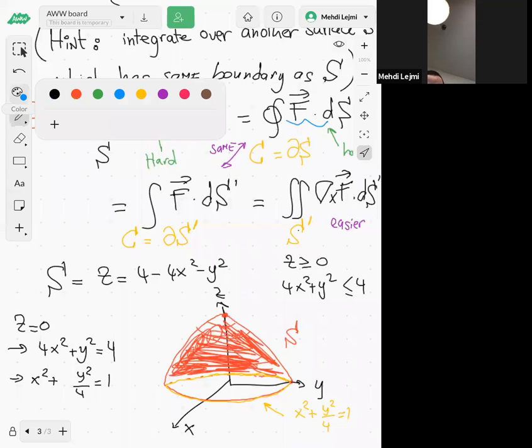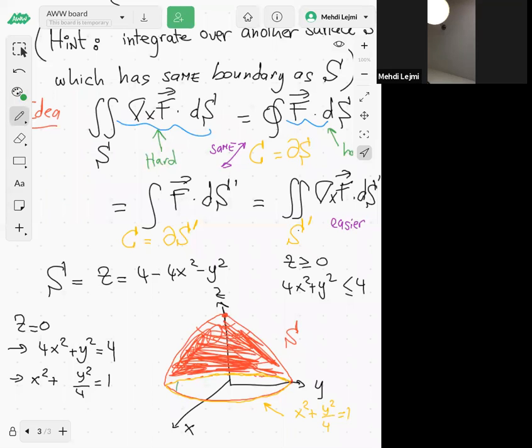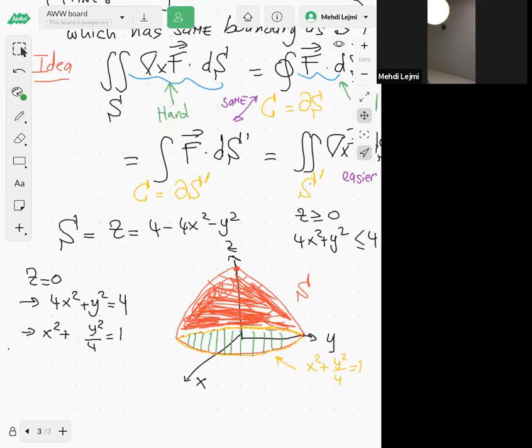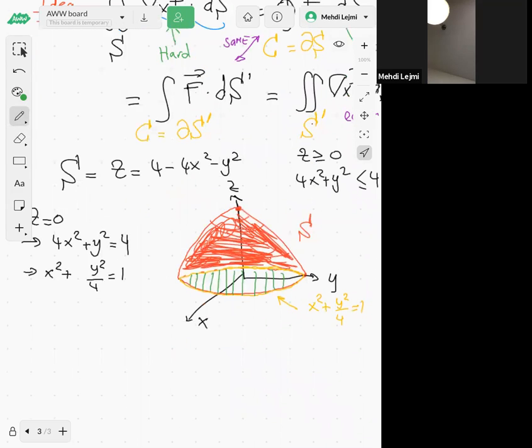Well, the simplest choice for S prime would be the interior of this ellipse. So S prime would be x squared plus y squared over 4 less or equal to 1, and of course z must be 0. That will be S prime.